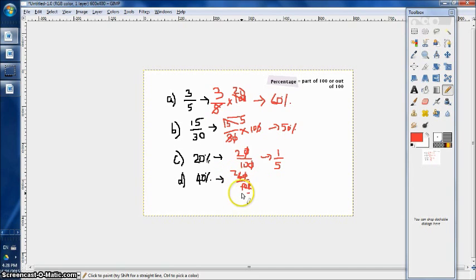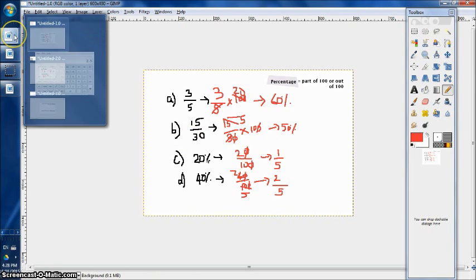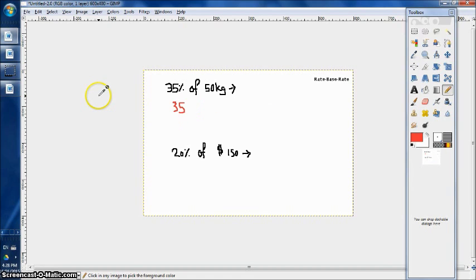Now let's move on to something tricky. It's asking me for 35% of 50 kilograms. Now this is actually a calculation. Again, we're going to use the rate-base method to find the solution for this. So we've got 35 over 100 base equals x over 50 base.